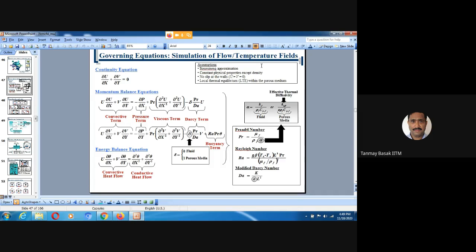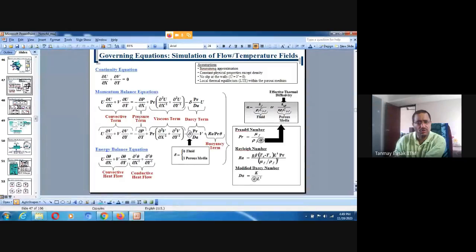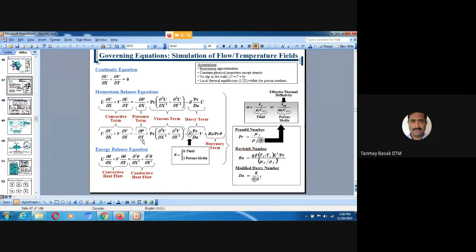So the continuity equation, which is ∂U/∂X plus ∂V/∂Y equal to 0, we employ, and these are all dimensionless quantities. We have momentum balance equations. This is the convective term, U ∂U/∂X plus V ∂U/∂Y, for the X component. A similar convective term applies for the Y component.